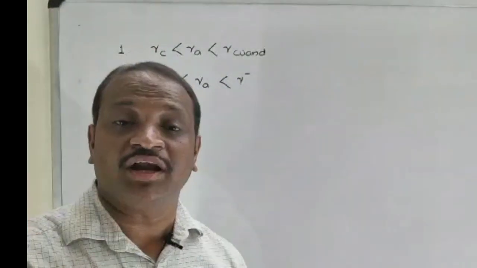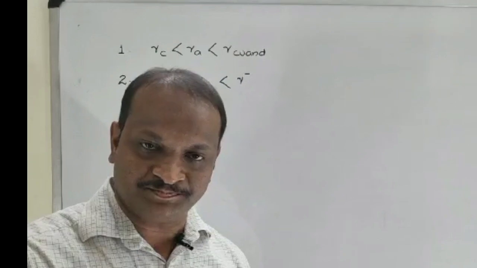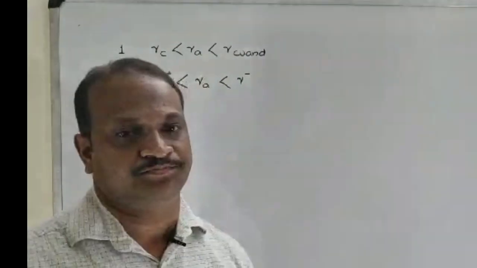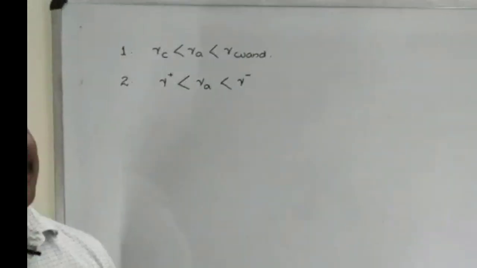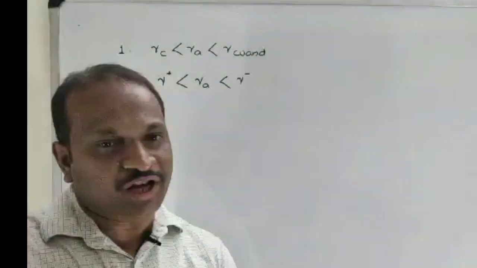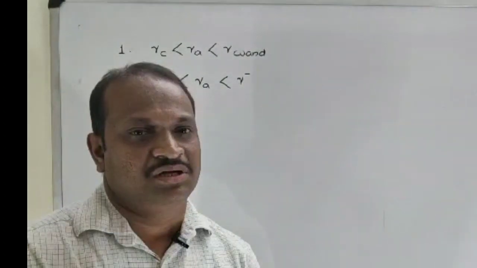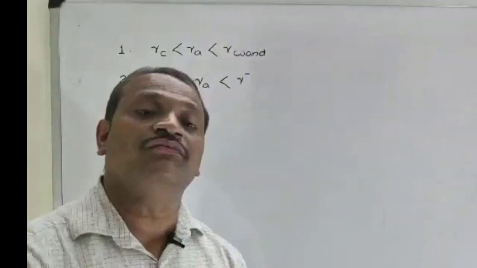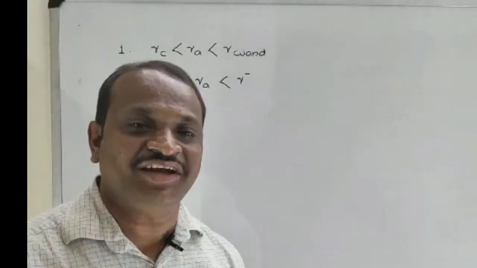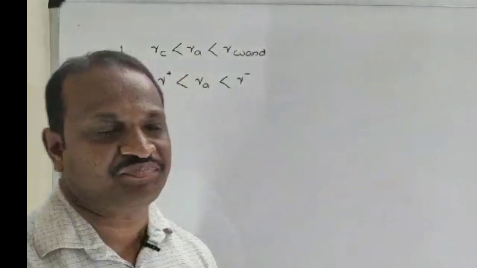So radius of anion is bigger than the radius of atom, and radius of atom is bigger than the radius of cation. Why is the radius of cation smaller than the radius of atom? Because if we remove one electron, the net pull on the valence electrons will be more. Anyway, we are not going to discuss that in detail. We are saying the important points.